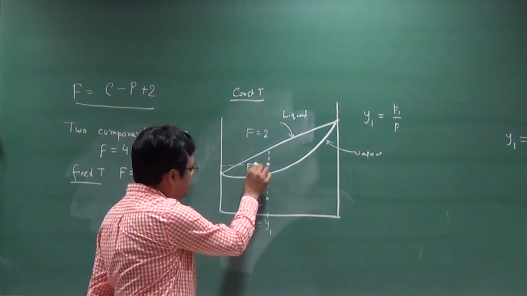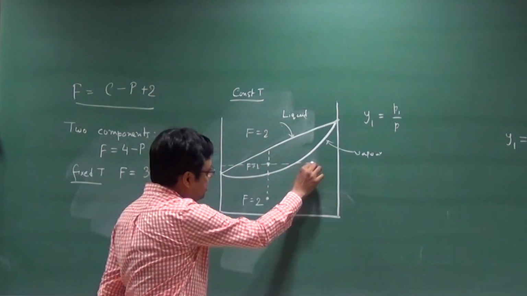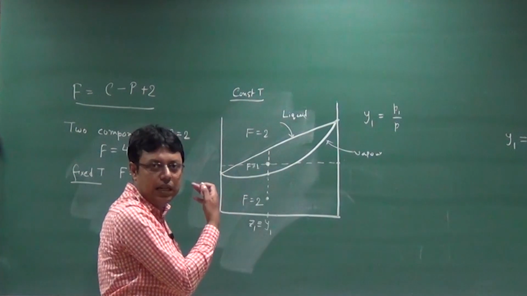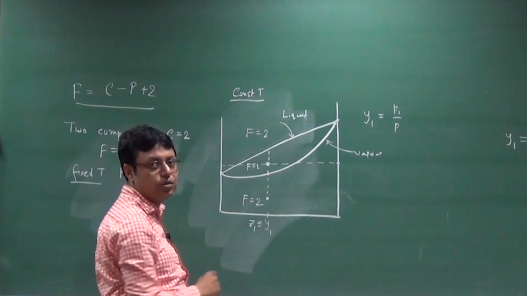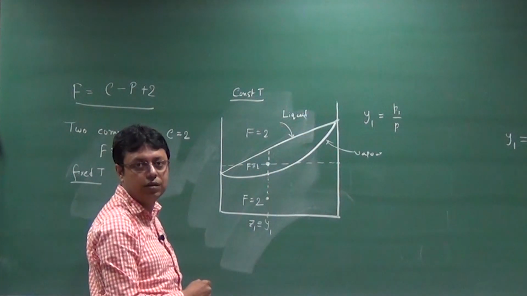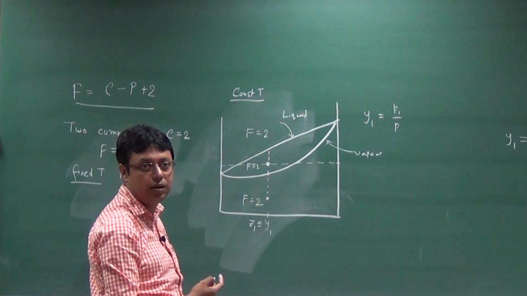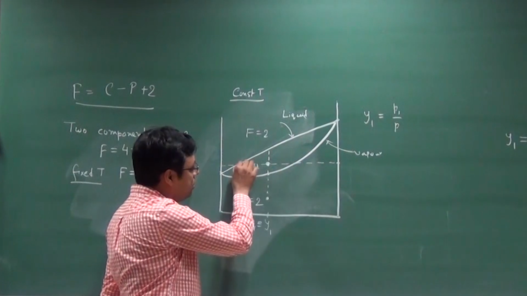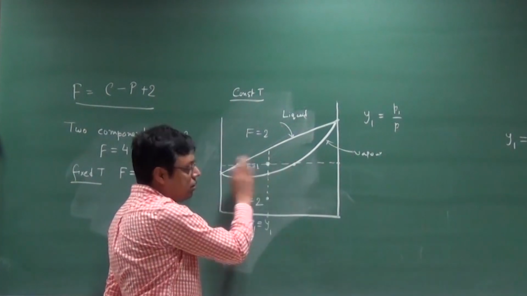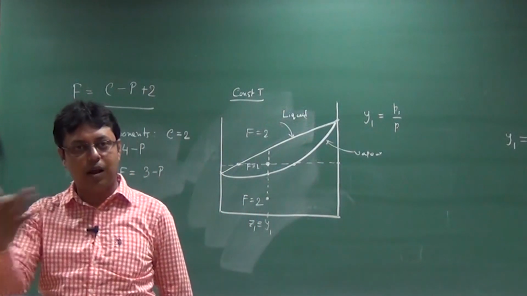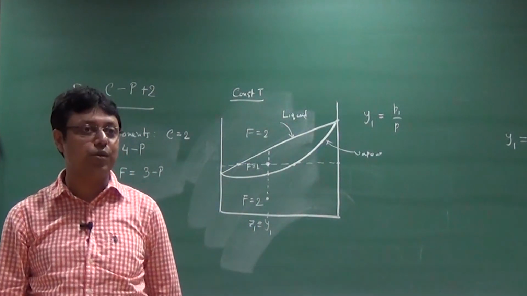So then we said, okay, fine, let us draw a line for that pressure. What we'll find if we maintain that pressure and that constant temperature, and if we had started from a vapor composition of Y1 here, is that it will fractionate between liquid and vapor, because it is in equilibrium.